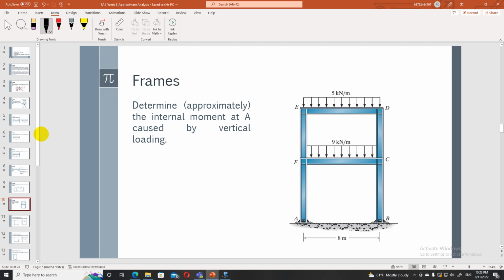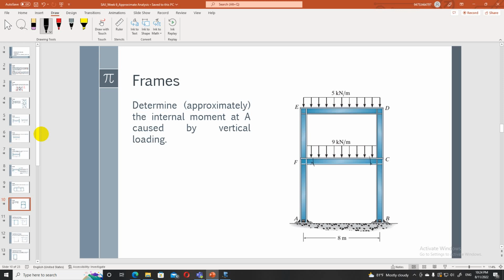Now determine the internal moment at A caused by the vertical load. Here you can see there are two columns. At 0.1 L we consider the point of inflection, then we cut that element and treat it like a beam hanging on a simply supported beam. Calculate or find the member forces or reactions, and then you can find the end moment.